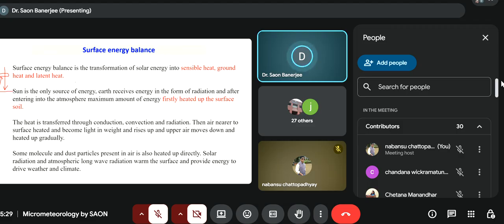Once the net radiation comes to the surface, it is divided into different heat fluxes. One is sensible heat, another is ground heat, another is latent heat. The sun is the source of energy in the form of radiation.